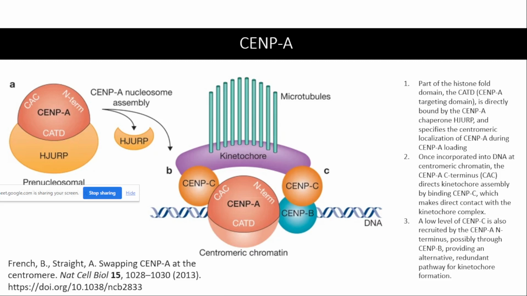CENP-A is analogous to H3, and it has a specific, unique activity: it can be recruited to the centromere, and if CENP-A is recruited to the centromere, it will play the role of H3. Instead of H3, CENP-A will be recruited here.